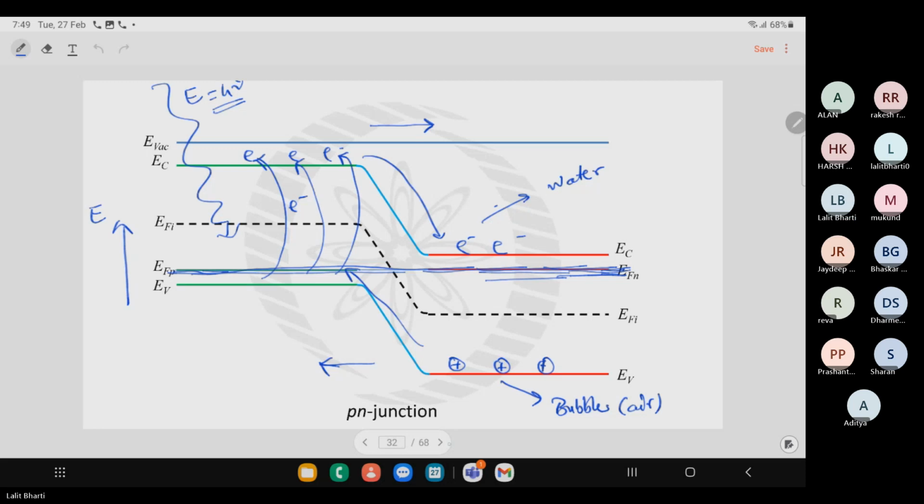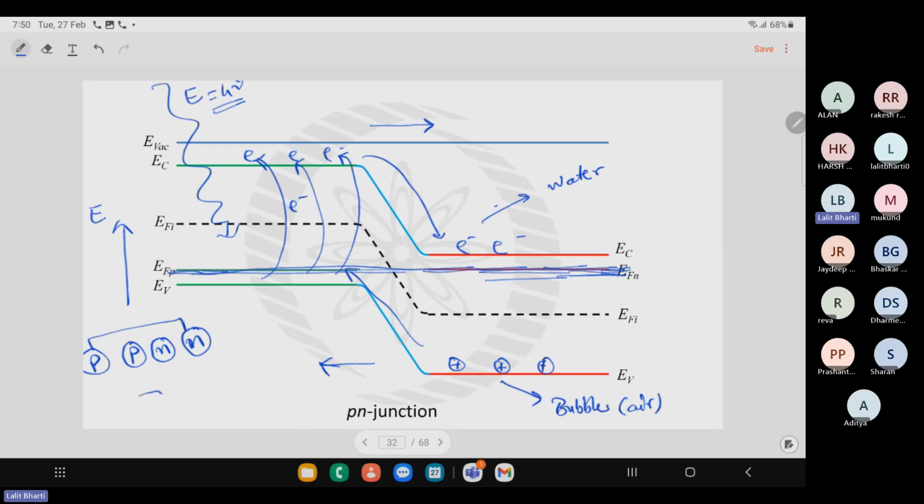So there are various types of bendings, like multiple bendings. It depends on the interface. Let's say you have some p here, n here, again n here, again p here. So what is happening? Let's say this is highly doped, this is doped, this is doped, these two are highly doped. So what will happen in the case of highly doped?